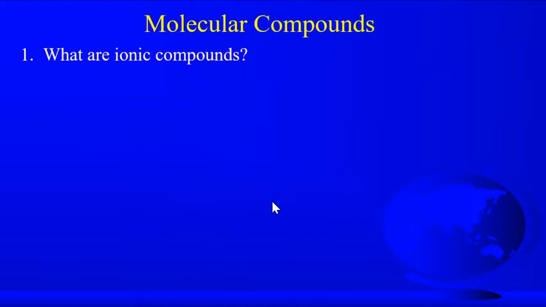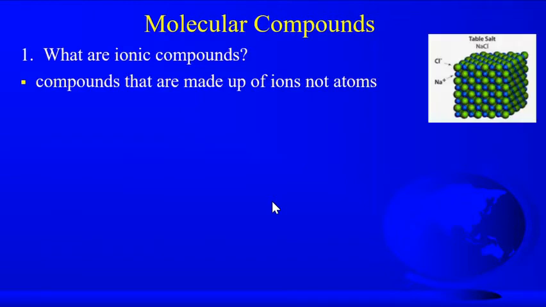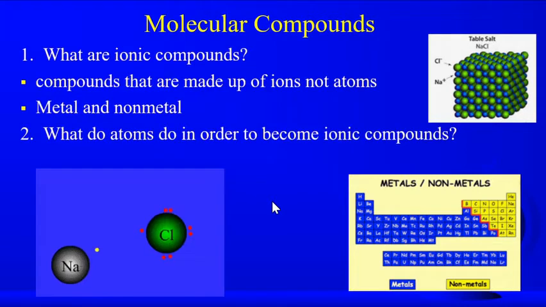What are ionic compounds again? Remember, they are compounds made up of ions, not atoms. You have a metal and a non-metal. What do they have to do in order to become ionic compounds?